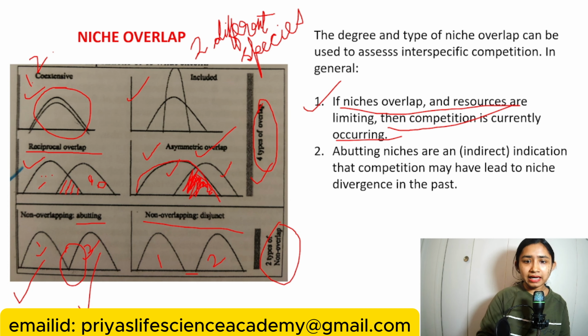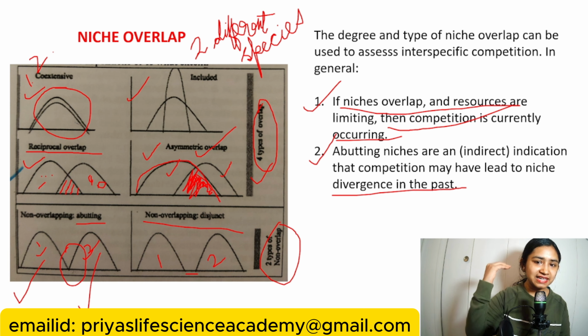Now number 2, abutting niches are an indication that competition may have led to niche divergence in the past. Because these 2 non-overlapping niches, that means 2 species may have competed in the past, and as a result their niche divergence has taken place, and that's why both of the species have separated.